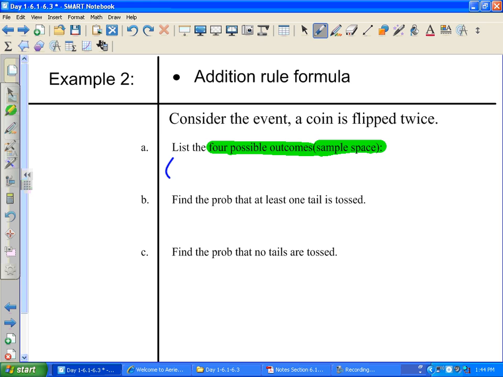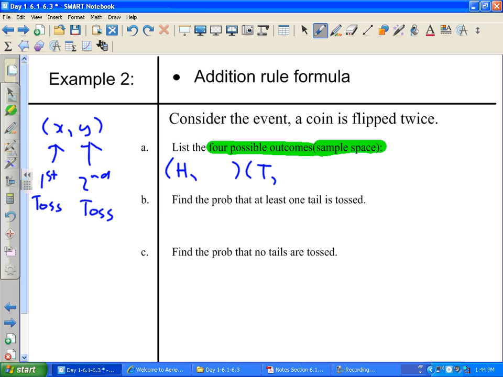So, if I'm flipping a coin twice, on the first toss, what can happen? I can get a heads, or I can get a what? Okay, that's my first toss. So if I look at it in terms of x, comma, y, then x is going to be first toss, and y is going to be second toss.